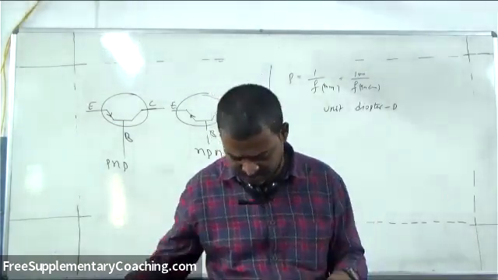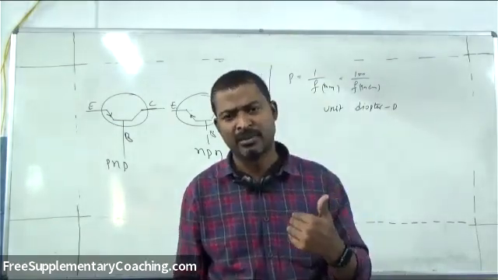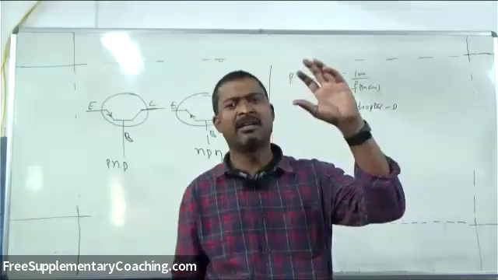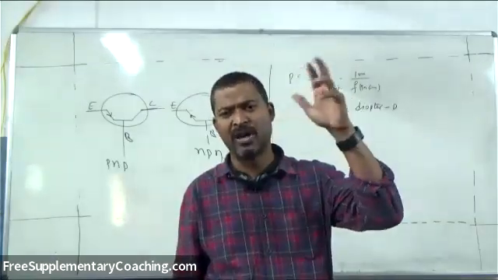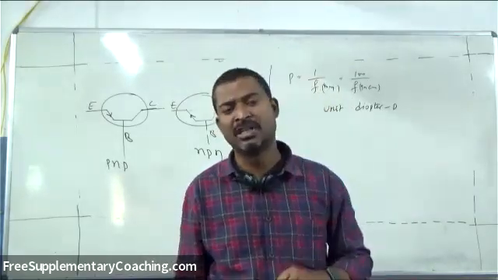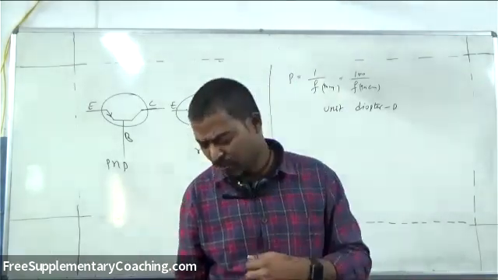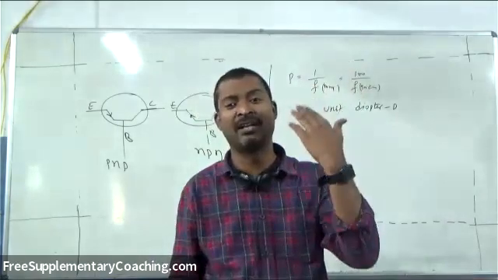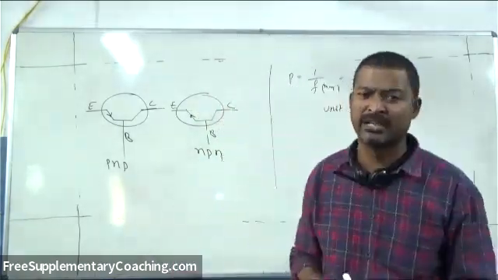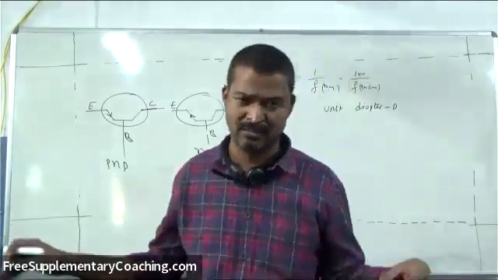That means a person can see nearby objects, like reading a book or newspaper, very well, but cannot see letters on a board or far objects clearly. The person who is not able to see far objects clearly has myopia, and it can be corrected by using a proper power of concave lens.